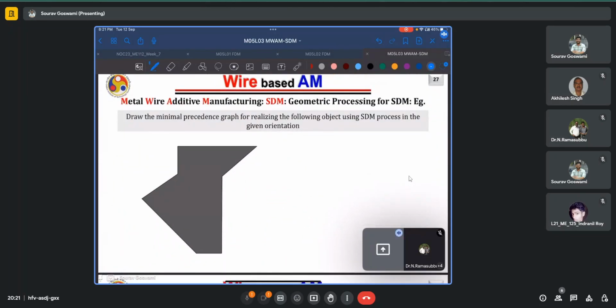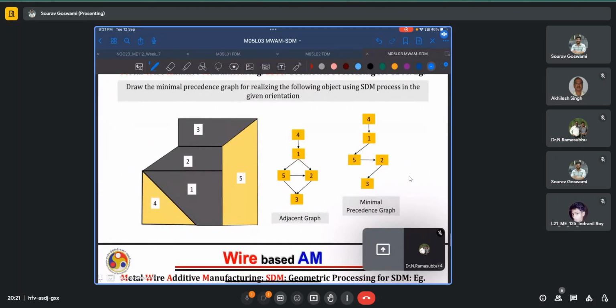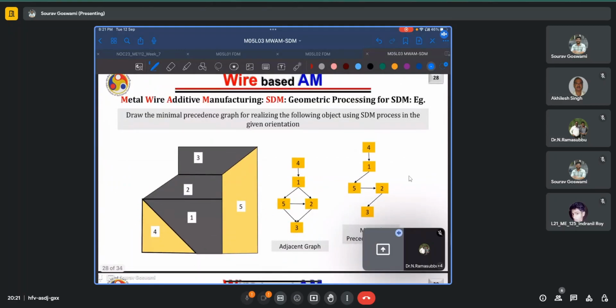And another example for drawing the adjacency graphs and the precedence graph. So again, we first generated the supports which were encountered in region 4 and region 5. And then based on where the part changed from overhanging to non-overhanging, we drew a slicing plane or a decomposition plane.